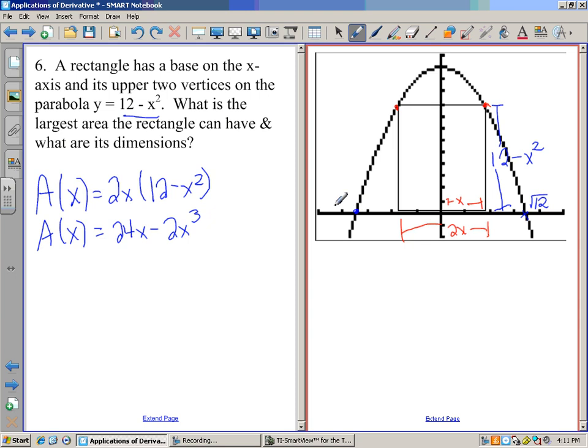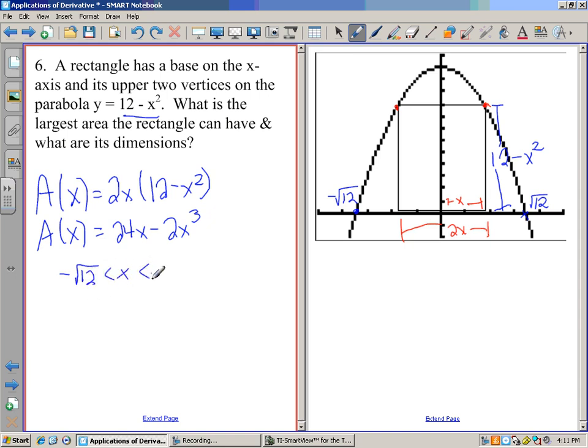And this 0 is the negative square root of 12. So I know I'm really just considering x values from the negative radical 12 to the positive radical 12. So that's going to be important, because if I get a critical point outside of this, who cares? It doesn't matter. All right.